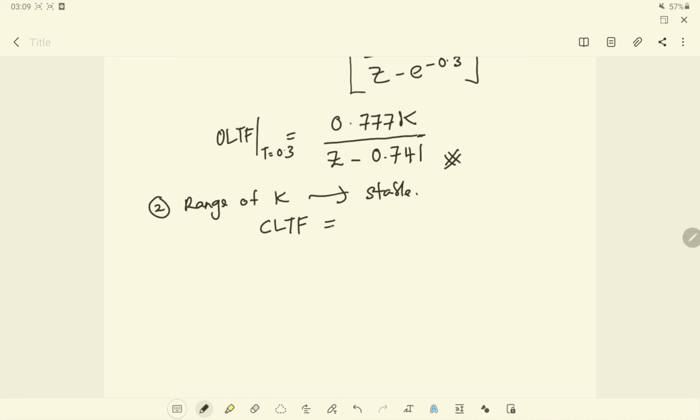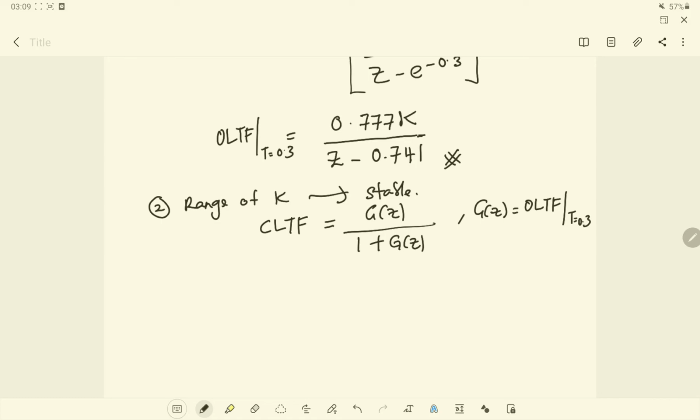By using the formula Gz over 1 plus Gz, where Gz is equal to the open loop transfer function when t equal to 0.3.